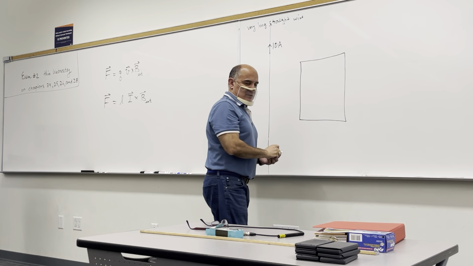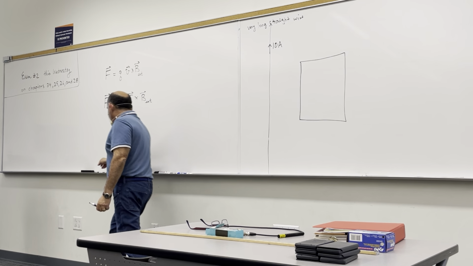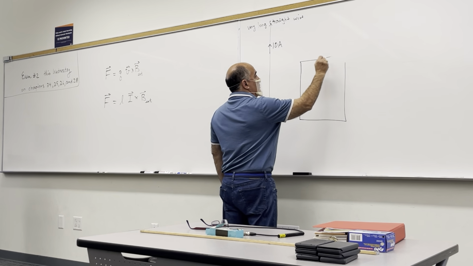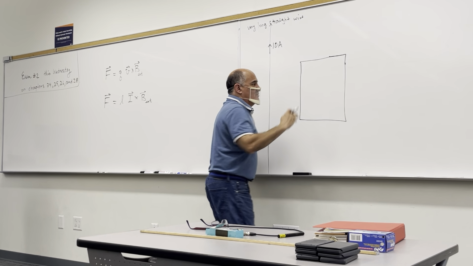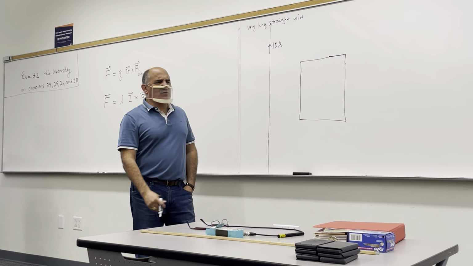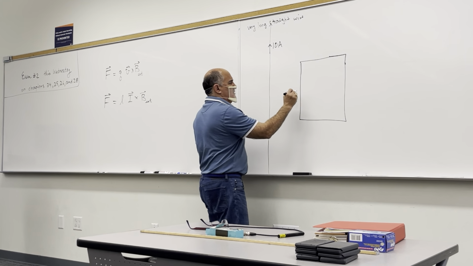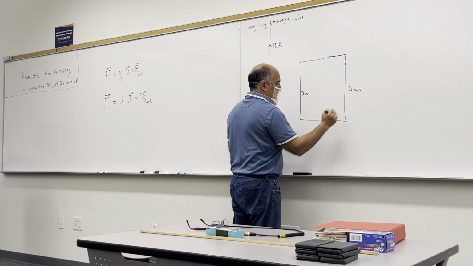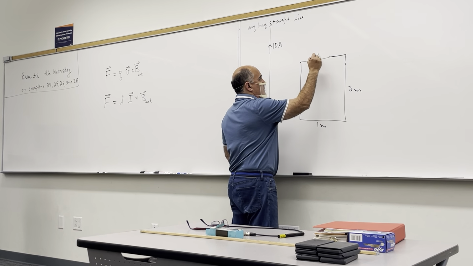That's supposed to be straight. And suppose this loop has a current in it. Let's make this length 2 meters. So this would be 2 meters. Let's make this 1 meter. Let's make this 1 meter.